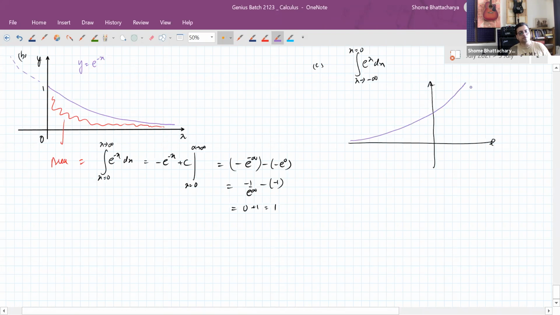You see, this is the graph of y equal to e raised power x. It's just the mirror image of this graph. So now we're talking about this area. It should come out to be the same as this area.